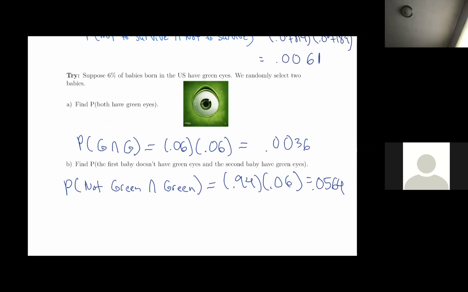Where did the 94% come from? The 94%, because we want the first baby not to have green eyes.